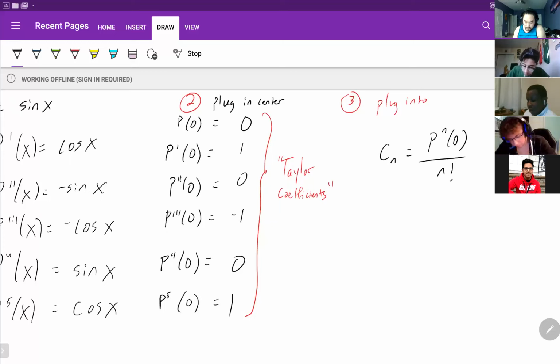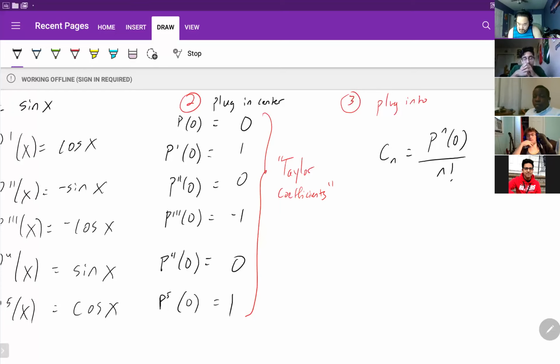This is going to be the part where you have to think a little bit. You're going to have to think what pattern is going on with my Taylor coefficients and how can I plug it into this formula here? Do you guys notice anything going on with the Taylor coefficients? It's alternating between 1 and -1, right?